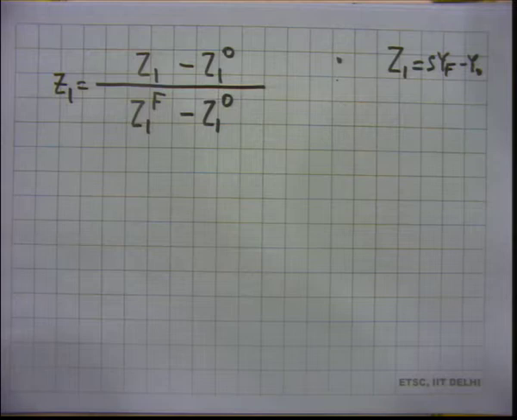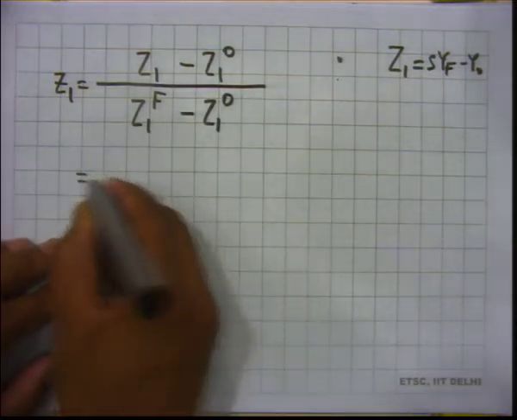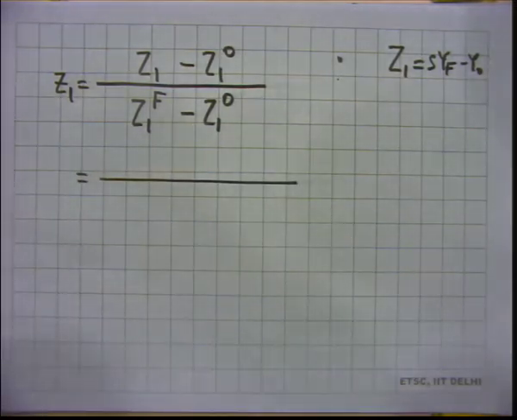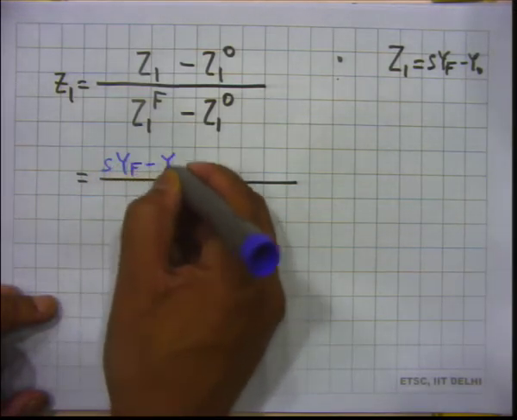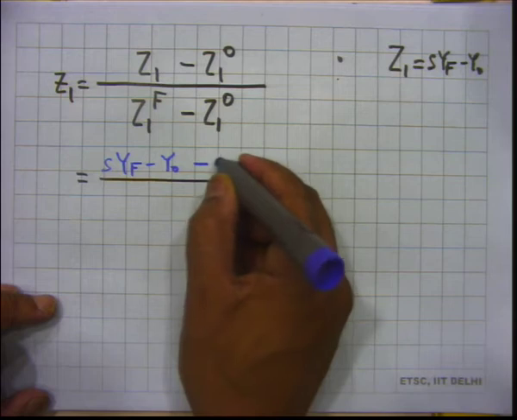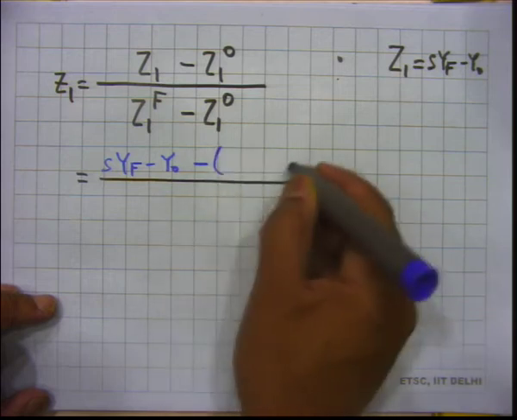So let's try writing this out. This is SYF minus YO, minus, what's this?